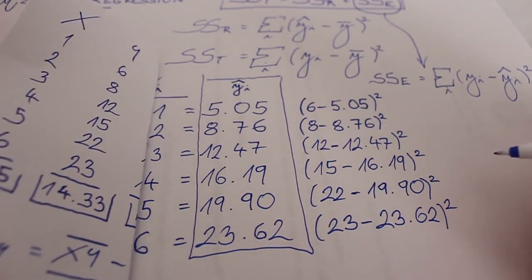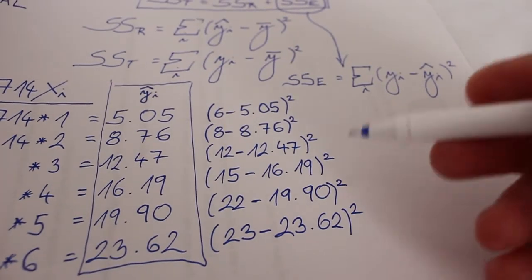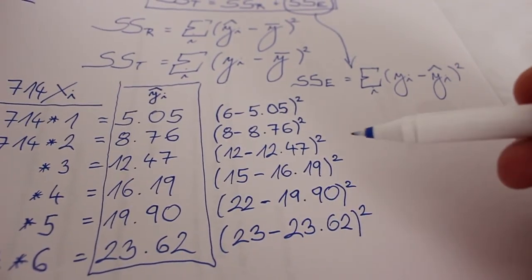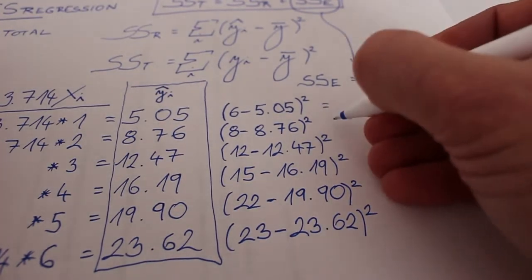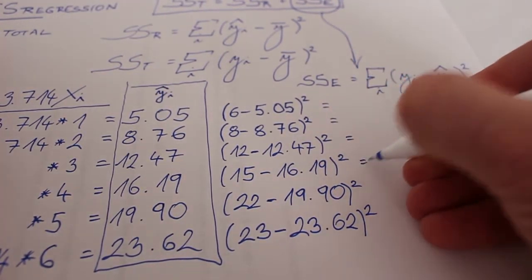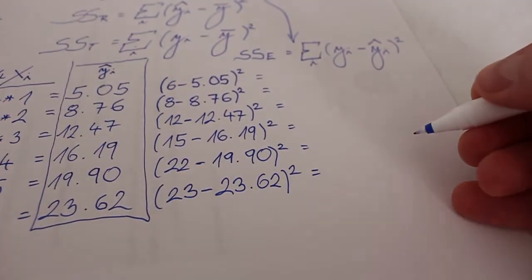Why do I show this to you? Just like a bonus, because it's good to know how to solve this, the error sum of squares, just for our confirmation of results.